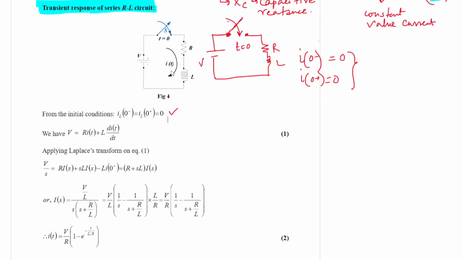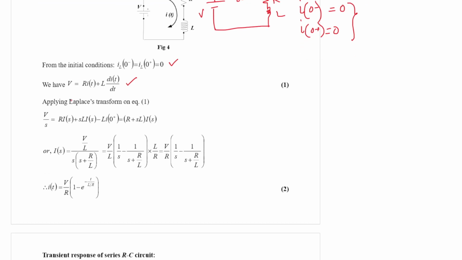So now we have our KVL equation. It is well known, V is equal to R into i(t) plus L into di/dt. Now on this KVL equation, if we apply Laplace transform, V is a constant voltage source, so it will become V by S. R will be as it is.